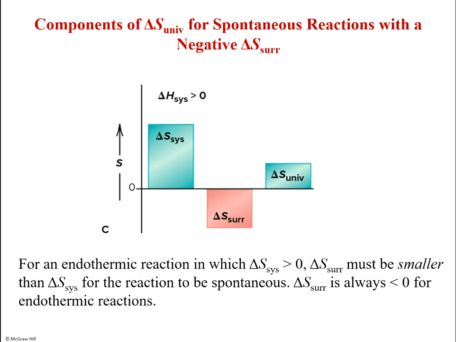For an endothermic reaction in which delta S for the system is greater than 0, delta S for the surroundings has to be smaller in magnitude than delta S for the system for the reaction to be spontaneous. Delta S for the surroundings is always less than 0 for endothermic reactions because heat is leaving the surroundings.